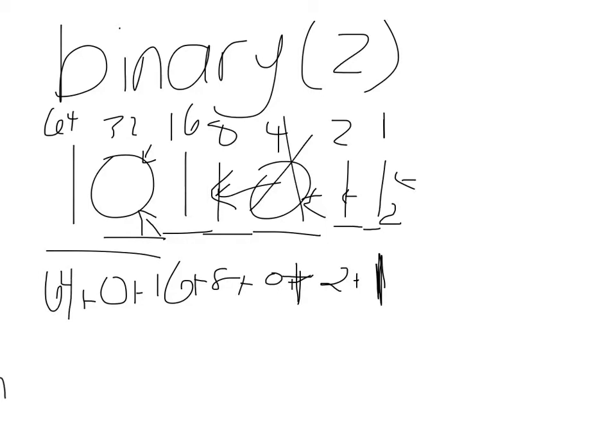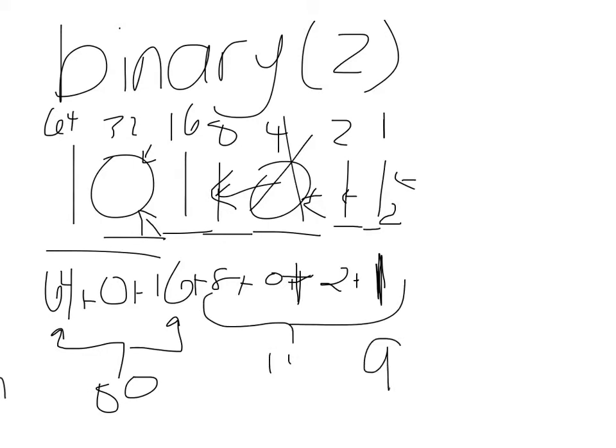For you math whizzes out here, we're going to add all this up. To make it easier, we got 16 and 64, and these are pretty easy to add because the 4 and the 6 in the ones place make 10. So we got 80 right there. And here we got 11. We add those together and we got 91.